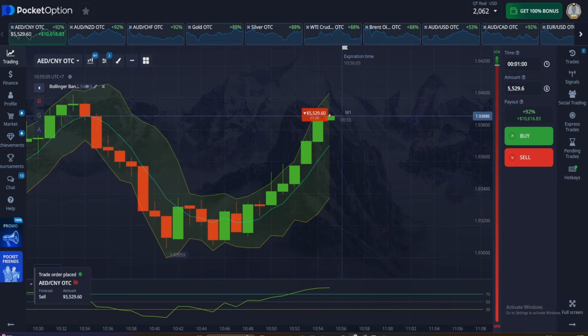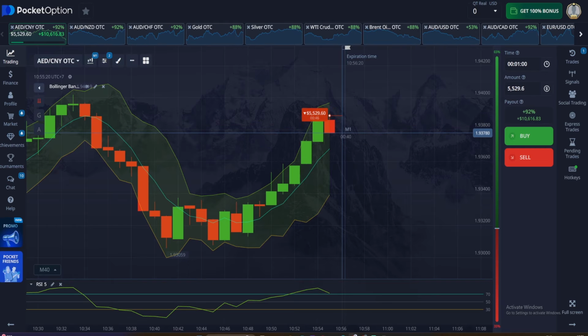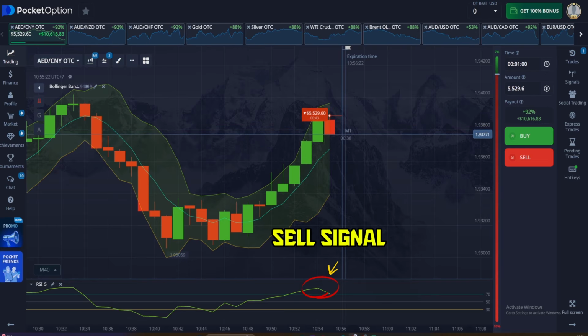I'm taking a sell position here because the candle has gone too high and touched the upper band of the Bollinger Bands. This usually signals that the price is in an overextended zone, meaning it's already too far from its average movement. At the same time, the RSI is also in an overbought condition, sitting above the 70 level, which indicates that buying pressure is starting to exhaust and a potential correction to the downside is likely to occur.